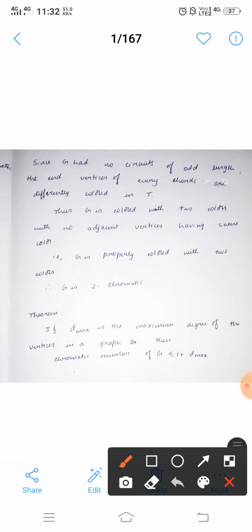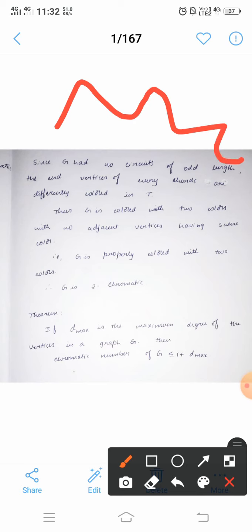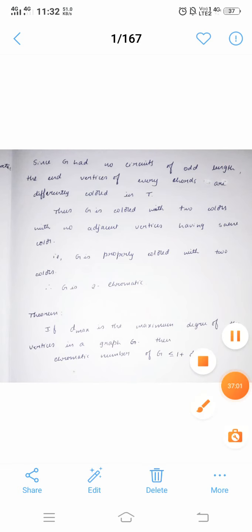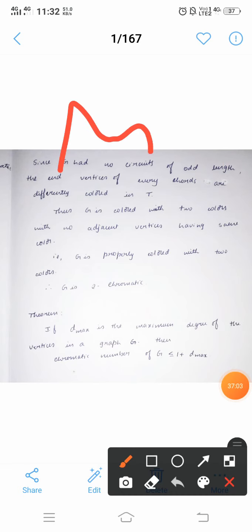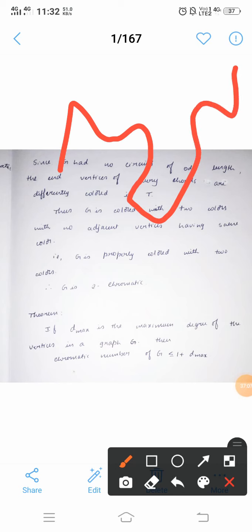If I take this spanning tree, there should not be any circuit of odd length. This is a circuit of even length.